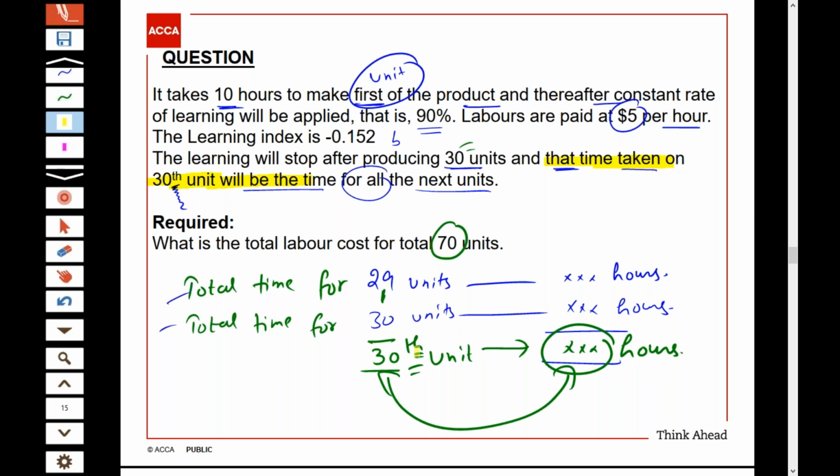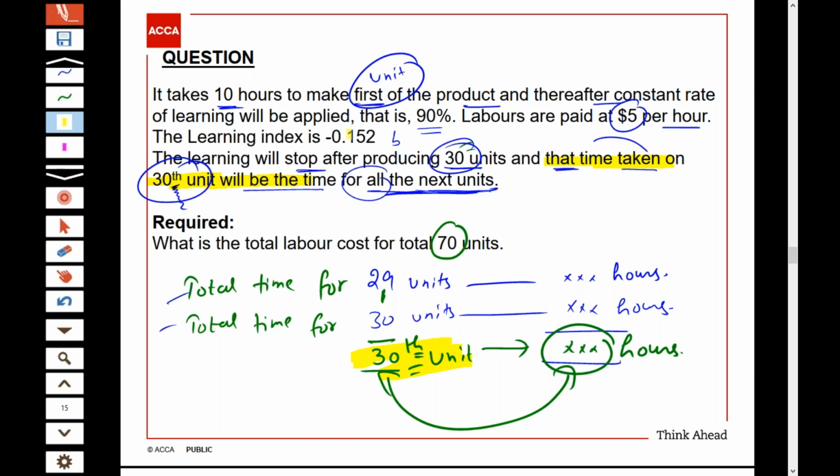See what is written, 30th unit. So whenever the learning is stopped, you need to calculate the time at that unit where the learning is getting stopped. The learning will stop after producing 30 units, and the time taken on 30th unit will be the time for all the next units. So we need to calculate like that way.